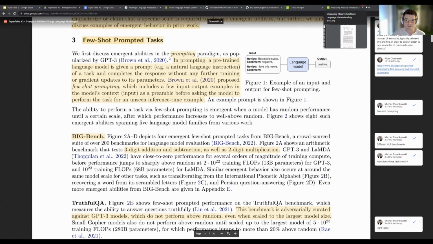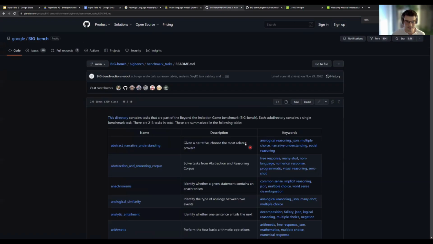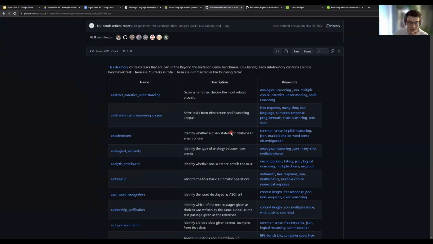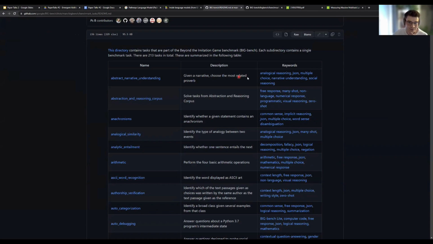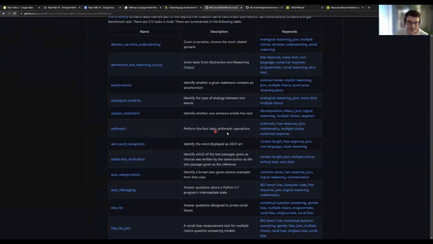But I can also show you some more examples from this particular benchmark. And here are a lot of different tasks actually, from, given a narrative, choose the most related proverb, or perform the four basic arithmetic operations, or identify whether one sentence entails the next.